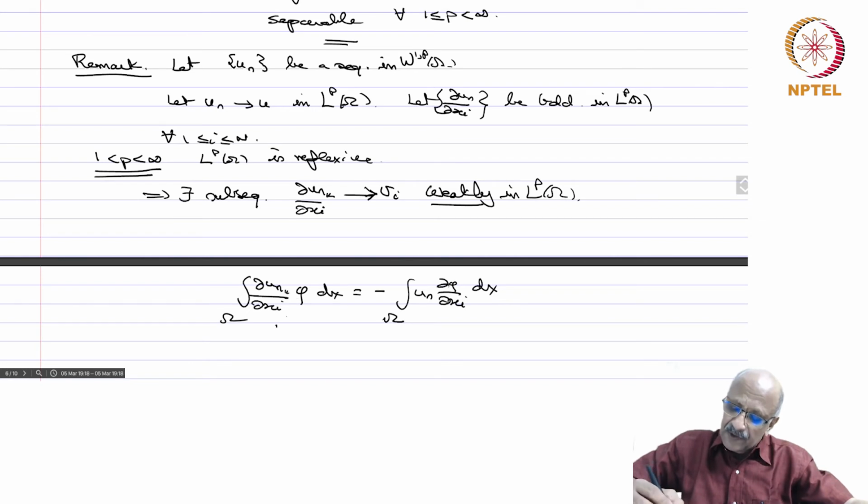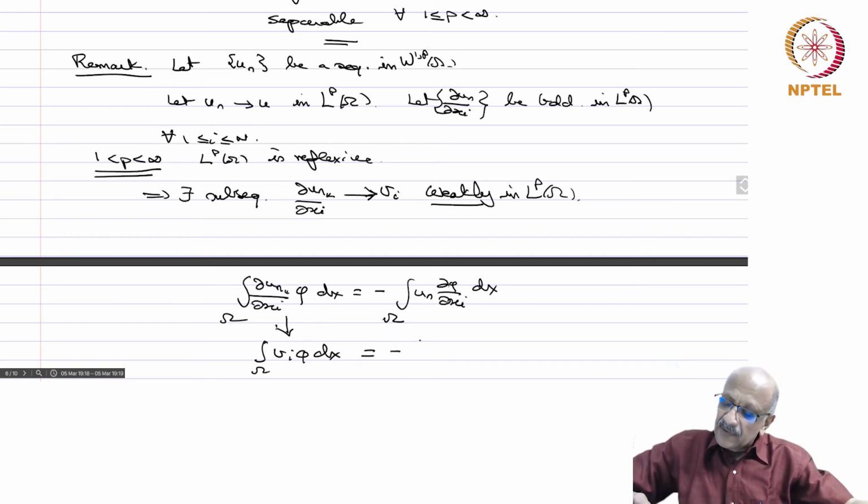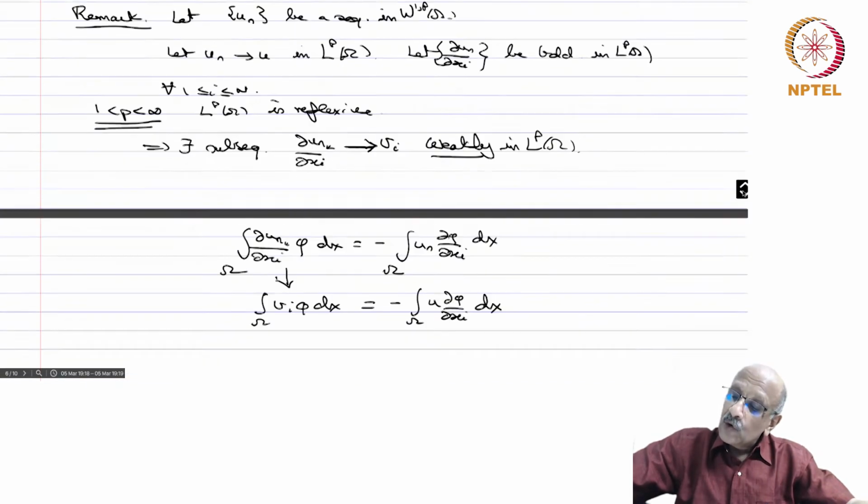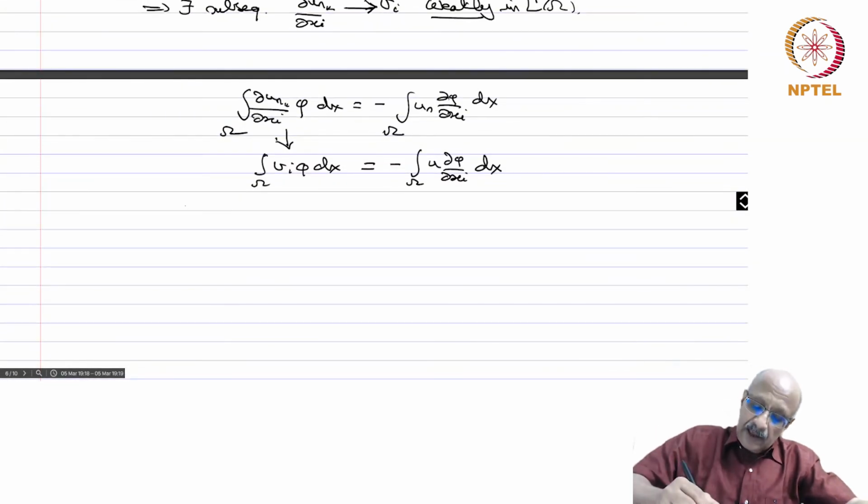By definition of weak convergence, this goes to the integral over omega of vi phi dx, and therefore that is equal to minus the integral of u. This converges as before to u, and d phi by dxi is in the dual, and therefore you have d phi by dxi dx.